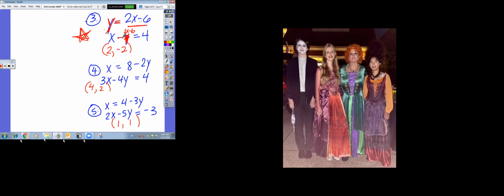Now, look what was in front of the y, though, before I took it out. A minus sign. That's important. If you're replacing y with more than one term, you have to put it in parentheses. You have to. So here was my problem. X minus y equals 4. I'm taking the y out and putting 2x minus 6 in its place. This minus sign has got to go to everything that's replacing the y.